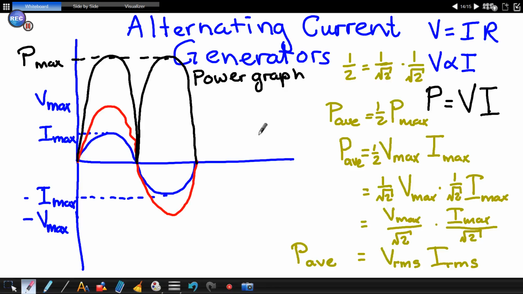That is why it's important to be able to calculate average power. We use the half because P max equals V max times I max. It's not going to be as simple as that, but that's the basics of it.